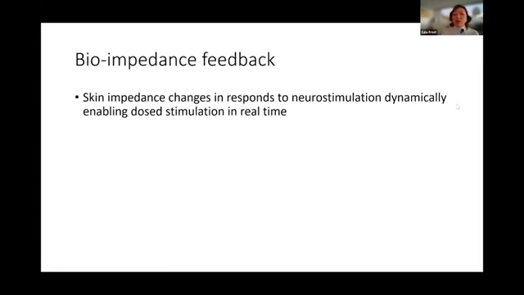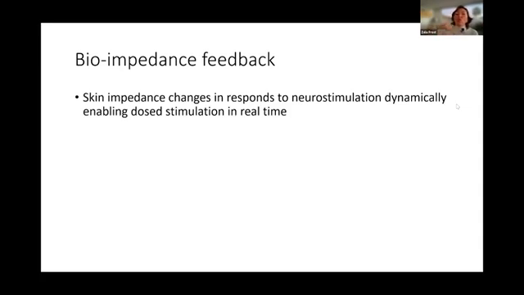So bioimpedance feedback, we talk about this. Skin impedance changes in response to neurostimulation dynamically, enabling dose stimulation in real time. What again does it mean? It means that your device will give exactly the amount of energy input into the system which is sufficient to stimulate fine nerves.